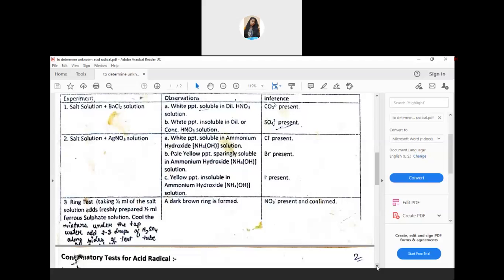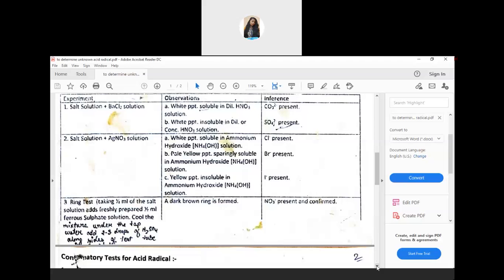So these three are wet tests to determine the unknown acid radical. We have done the dry test and we have done the wet test. After doing these tests, you can observe the acid radical and find which acid radical is present in the salt.